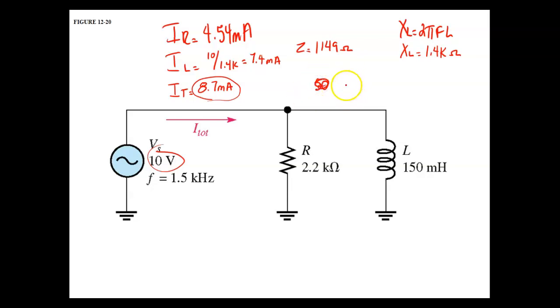15 degrees. No, 58. Well, in this case, it's parallel, so it would be minus, yeah. Good point.